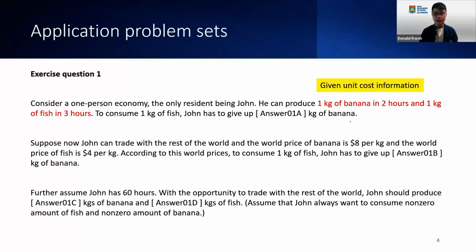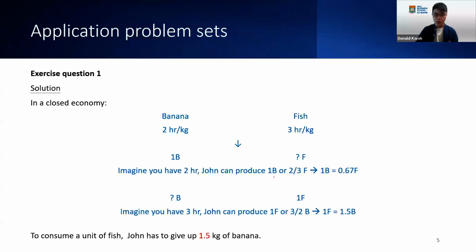The key for this kind of question is to find something to connect the two goods, banana and fish. It's giving you the time needed to produce 1 unit of the goods, so why don't we try to use time to connect the two goods here? Let's say John has 2 hours. He can either use 2 hours to produce 1 kg of banana, or he can use these 2 hours to produce less than 1 kg of fish, because he needs 3 hours to produce 1 kg of fish.